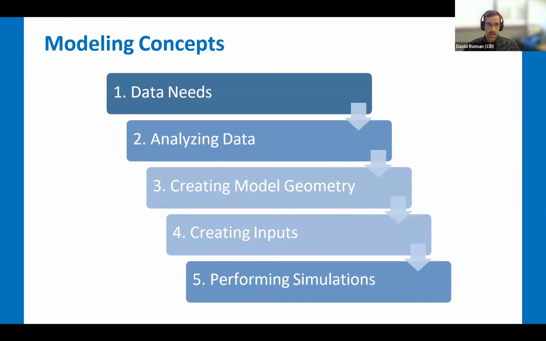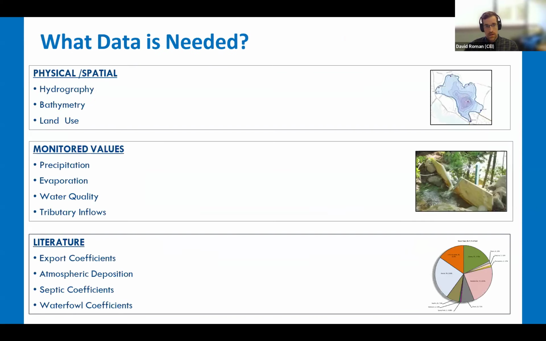Okay, so we'll breeze through some of these modeling concepts. I'll talk a bit about data needs, analyzing data, and how you can set up model geometry, inputs, and simulations. I'm going to go through this slide fairly quickly, but Bob pretty much covered this. In general, the lake loading response model needs a fair amount of data. You're talking about physical data like hydrography, bathymetry, land use, and water quality monitoring is very important to ground truth the model.